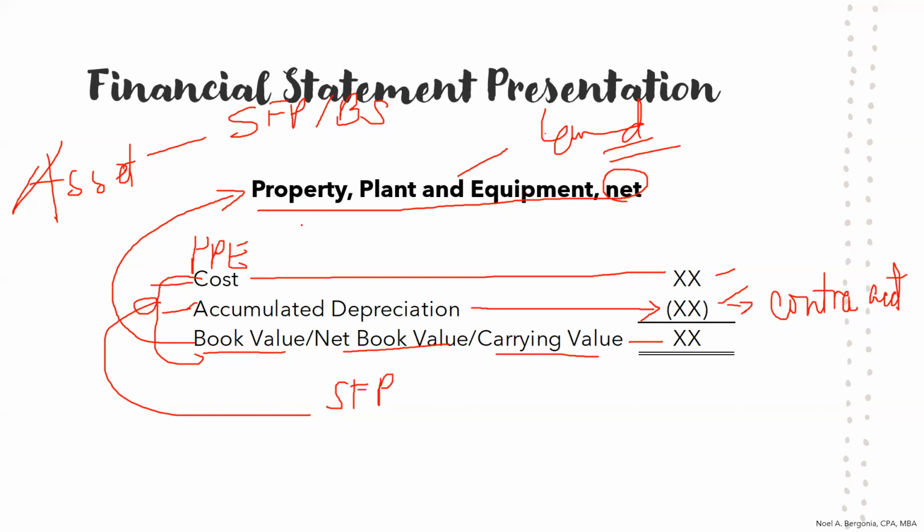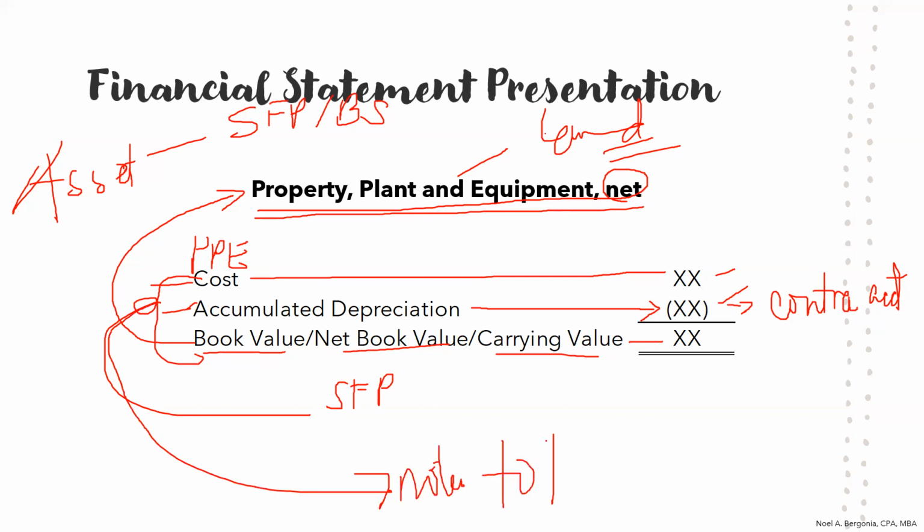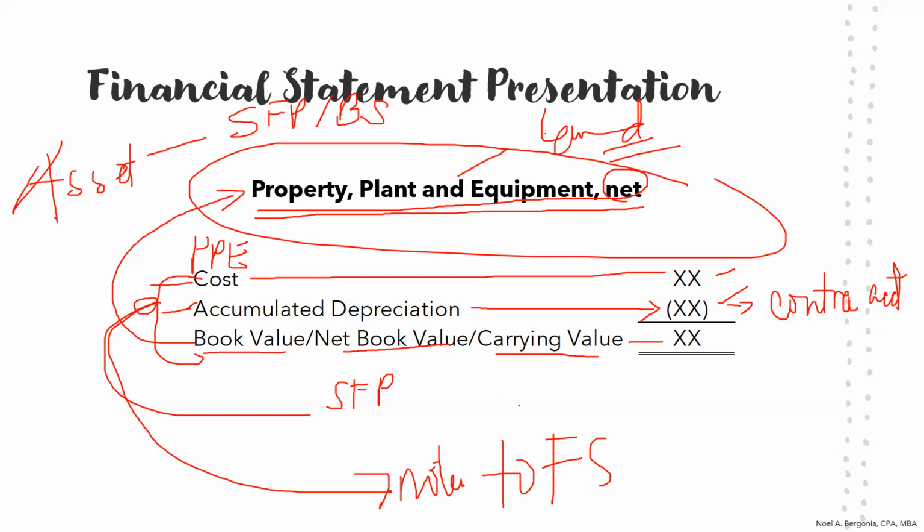Or pag ang pina-present ko sa inyo is yung property, plant, and equipment net, ito pong computation na to ay makikita nyo naman doon sa notes to financial statement. Okay? So parang backup computation siya just to explain saan nanggaling yung property, plant, and equipment net po natin. Okay? So I hope that that is clear. Again, if you do have questions, please let me know on our respective chat boxes.